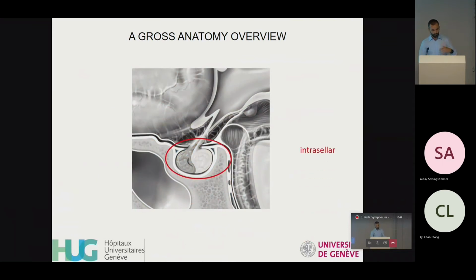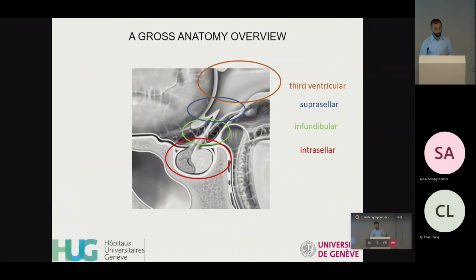So we would classify them in intrasellar, infundibular, suprasellar, and third ventricular. That doesn't mean that a lesion cannot go elsewhere, but at least one way of giving order to these lesions is to think about where they can come from. And from there, you can go on to the differential diagnosis.